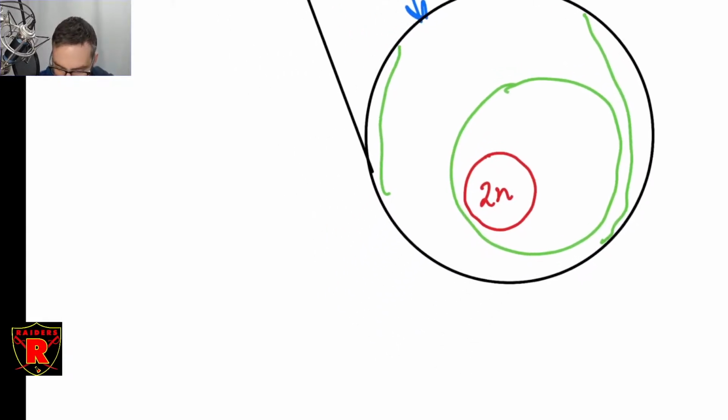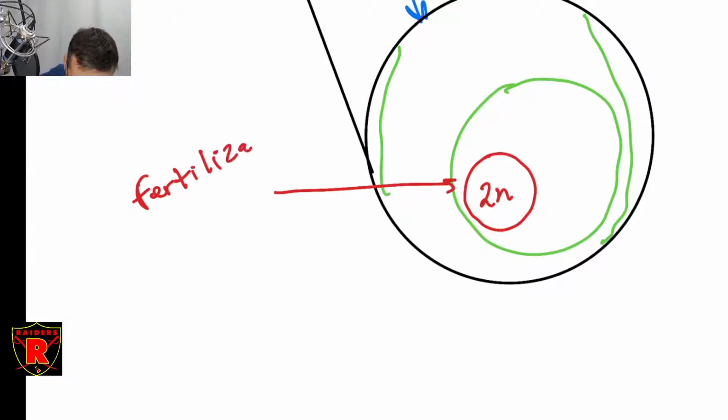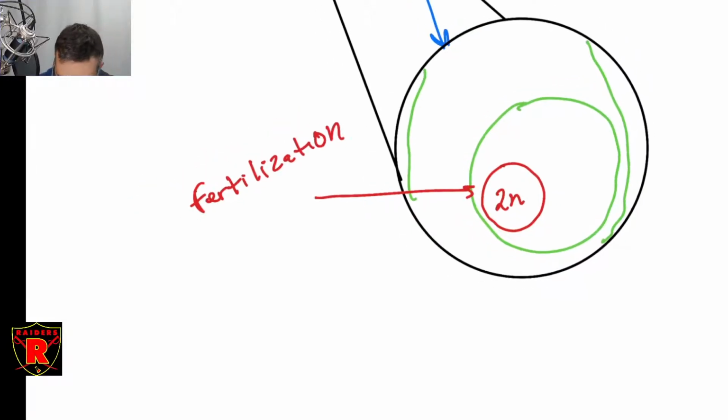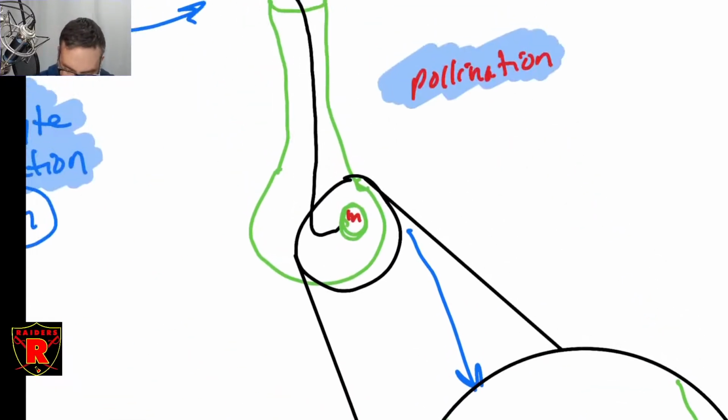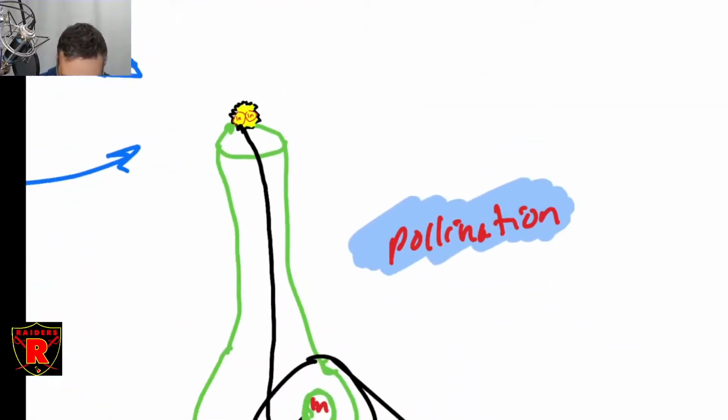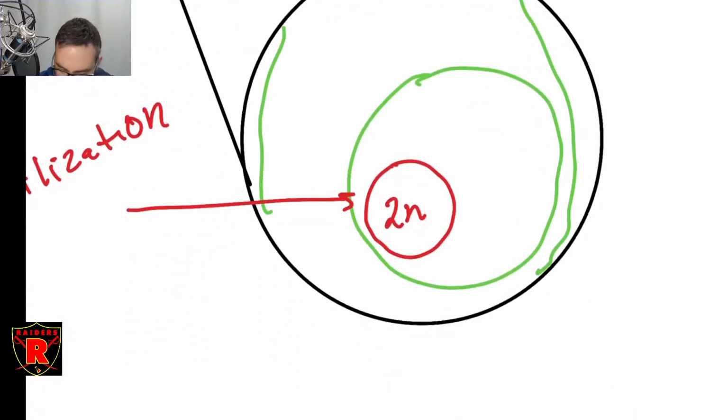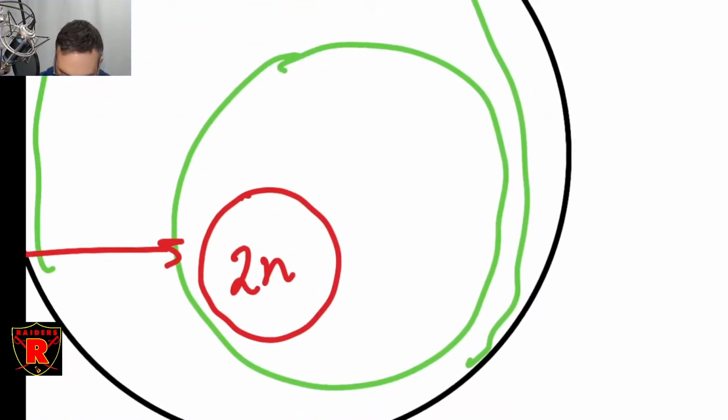So we have fertilization occurring here. And that second 1N, remember that there were two 1Ns in the pollen, can actually intersect with another 1N.